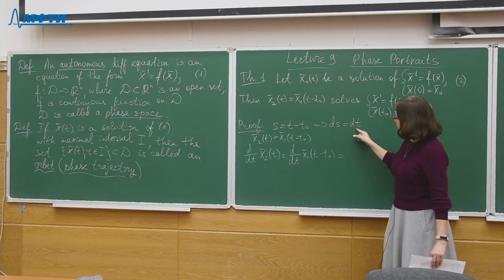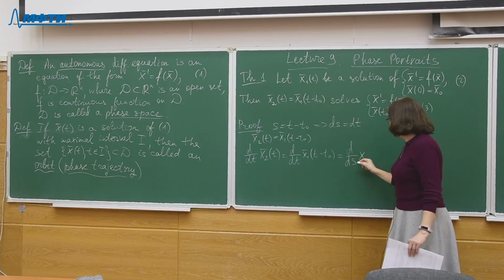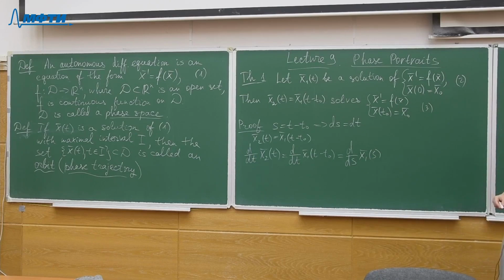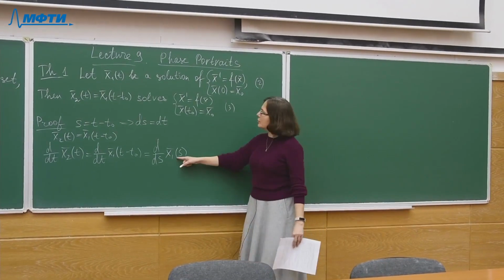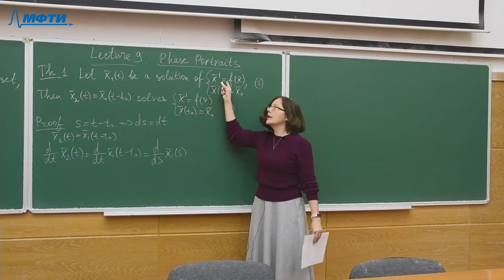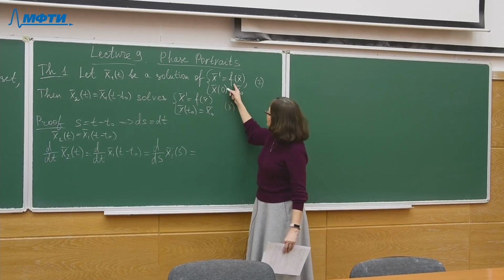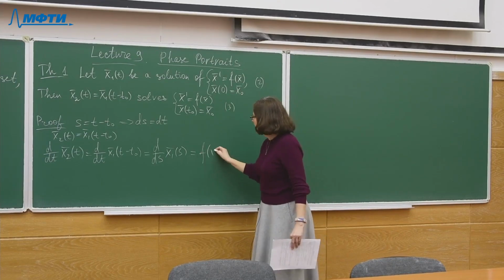Since ds equals dt, it is equal to d over ds of x1 of s. As x1 solves this equation, the derivative is equal to f of x1 of s.